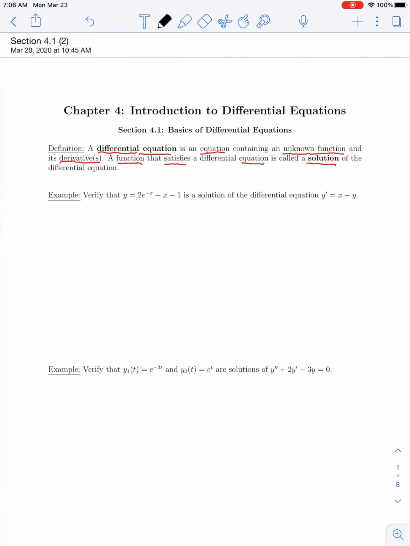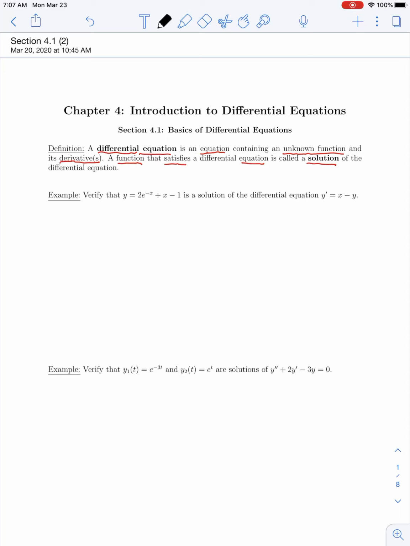So in this first example, we're asked to verify that the given function y is a solution of the differential equation y prime is equal to x minus y. So we want to substitute this function and its derivative or derivatives into our equation. And we can see by looking at our equation that it involves the first derivative.